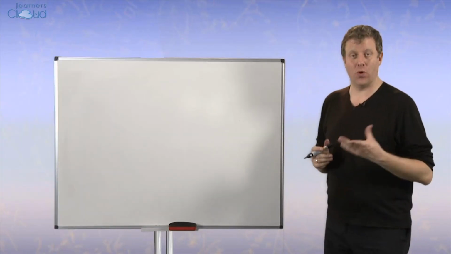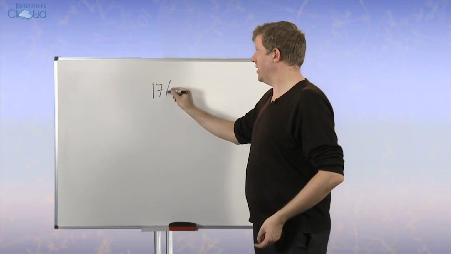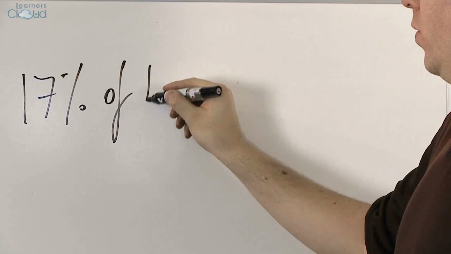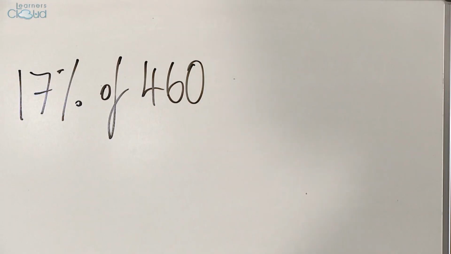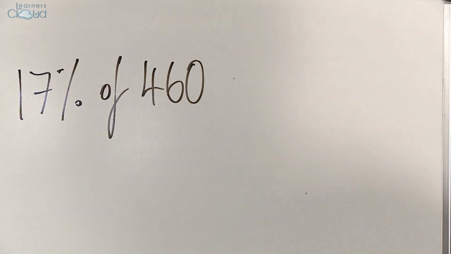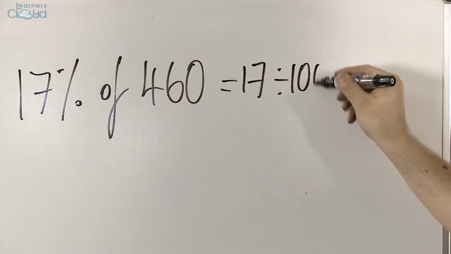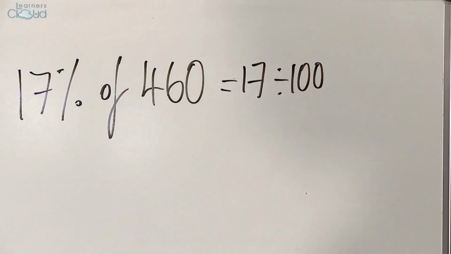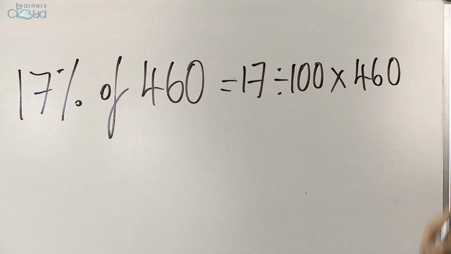Okay, so now we're going to look at how we'd work out those same percentages of quantities, but with a calculator. We've got 3 different questions and we're allowed to use a calculator in each of these. The first one is 17% of 460. Now remember, when we're allowed to use a calculator, the sum we do is always the same. 17 divided by 100, because that's the percentage, and multiply by 460.